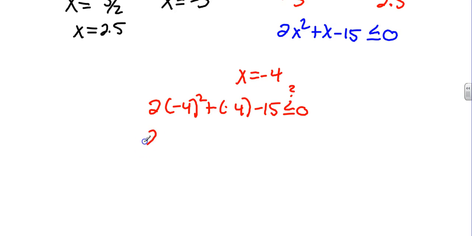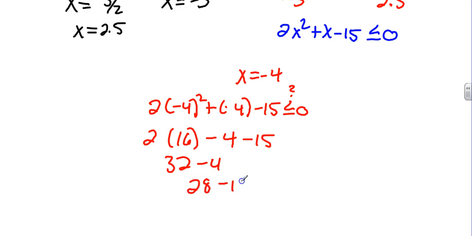So that makes it 2 times negative 4 squared is 16, plus negative 4 is just a minus 4 minus 15. That's 32 minus 4, which is 28, minus 15 is 13. Is 13 less than or equal to 0? No, it's greater. So we're not going to shade in that region.